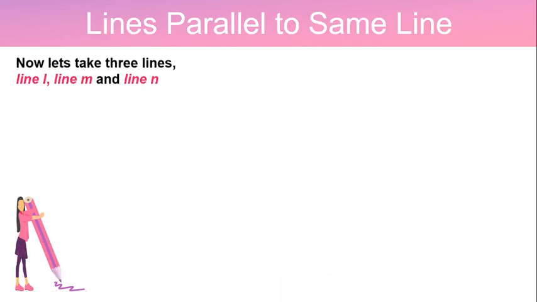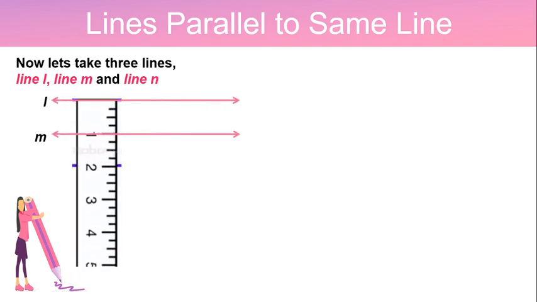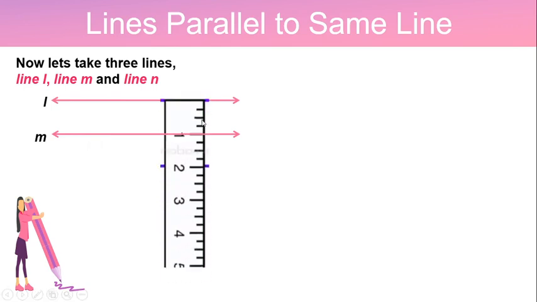Now let's take the next concept, that is lines parallel to the same line. For this, take three lines L, M and N. Now, measure the distance between L and M from both the ends.